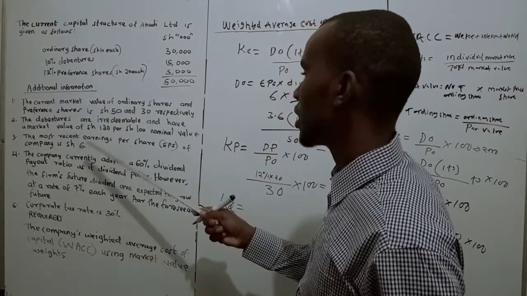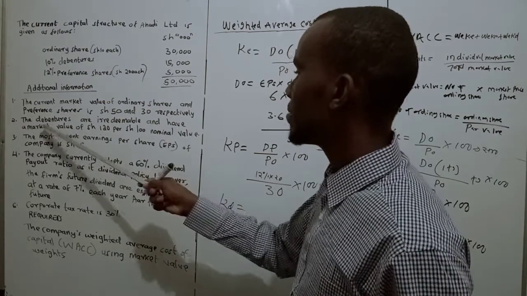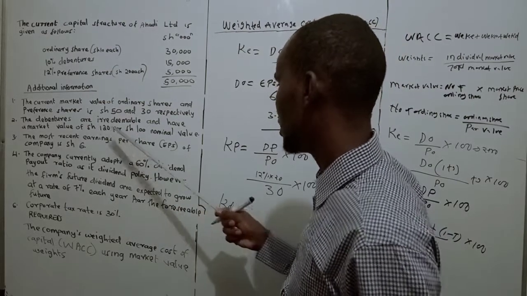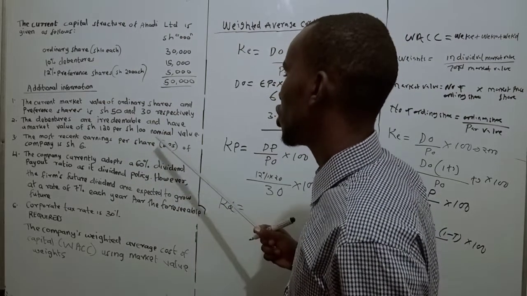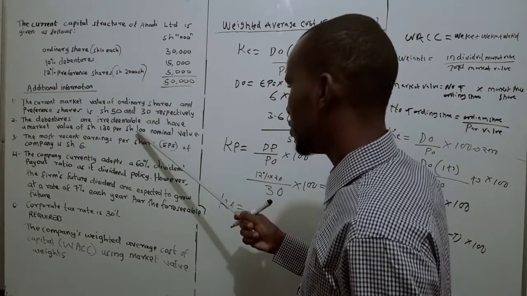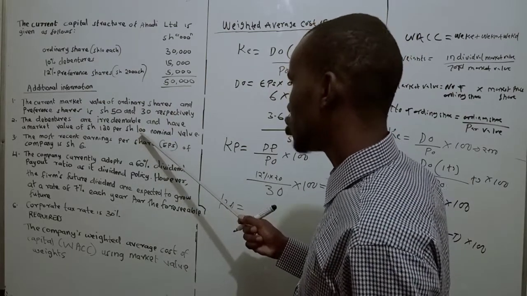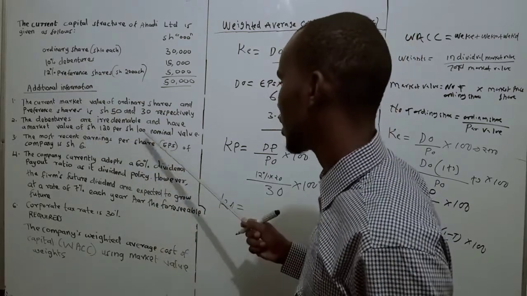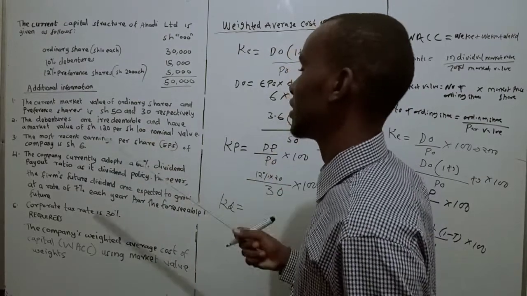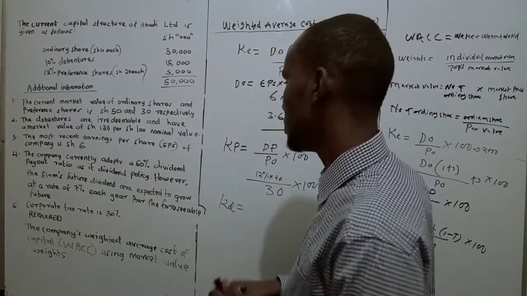In additional information number 2, the debentures are irredeemable and have a market value of 120, 100 nominal value. Nominal value is the same as par value, so the par value is 100. So we take 10% of 100 as the interest. Then the market value is 120.